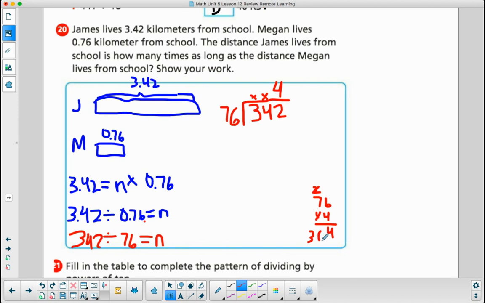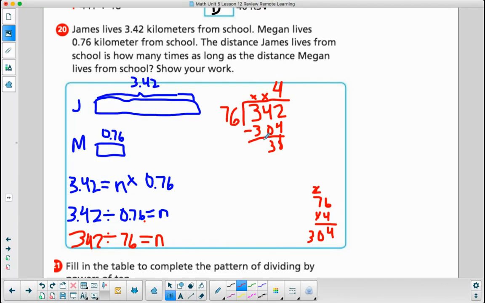Well, I didn't overestimate because 304 is less than 342. And I don't think I underestimated either because it's less than 40 off. 342 subtract 300 is 42, subtract 4 is 38.